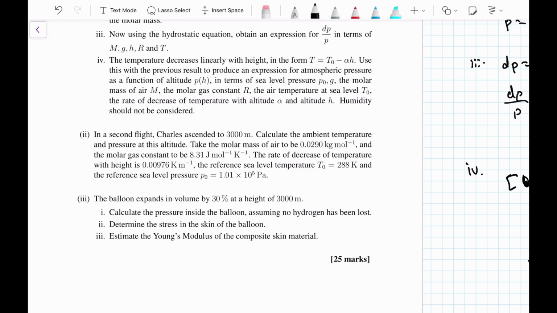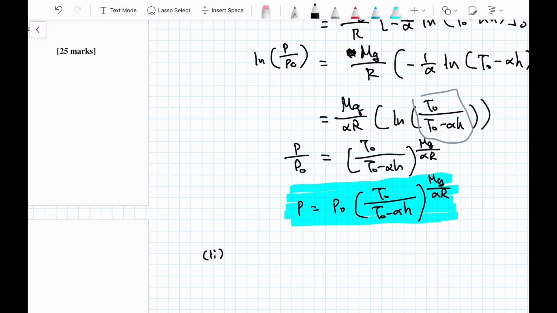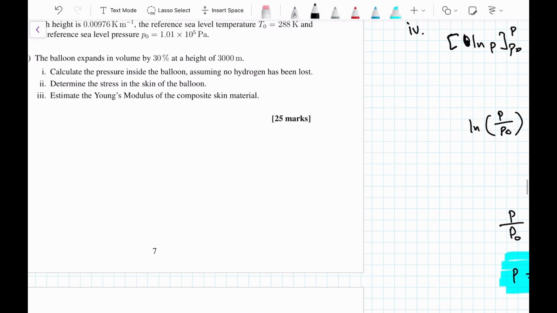So we want to calculate the ambient temperature and pressure at this altitude. There's two variables, however we only have one equation. Oh, okay, two separate equations.